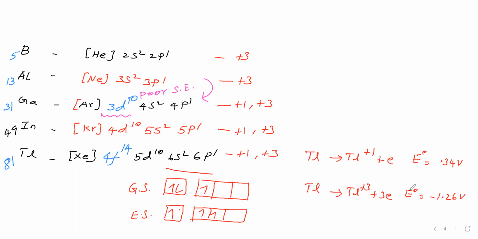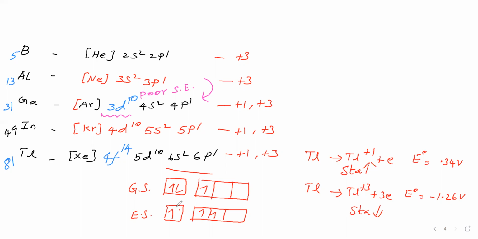This potential is an experimental value. This indicates that +1 stability is more and +3 stability is less, in thallium's case.